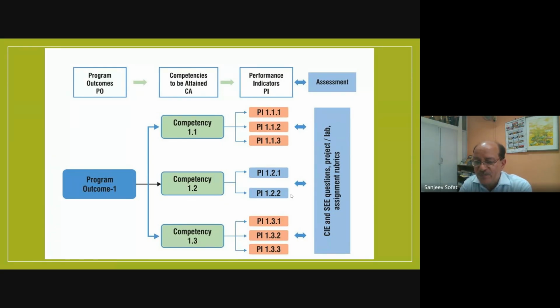That is through some questions, some continuous evaluation, some project work, lab work, assignments. All these are nothing but mechanisms through which I find out whether I'm able to assess it or not. Now, the moment I say program outcome, I talk about some of the courses one has to do. That's how you will attain those particular competencies.